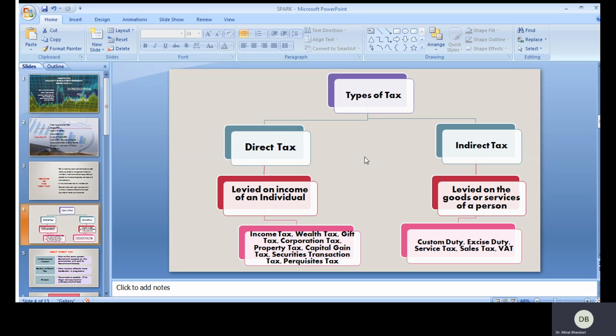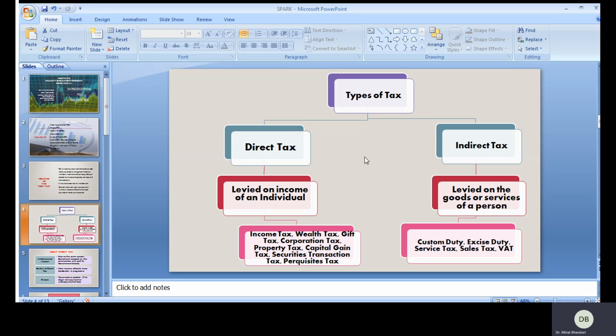That is why it is called an indirect tax, whereas direct tax is related to the income of an individual. The person is liable to pay tax directly to the government. There are no intermediaries. There are only two parties.